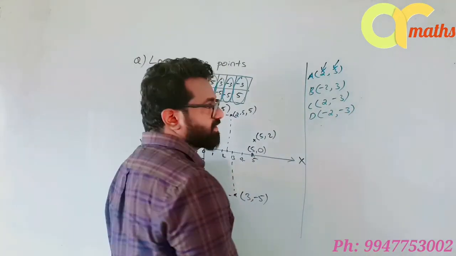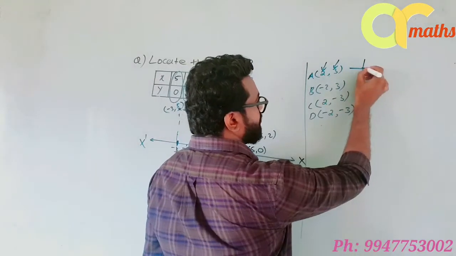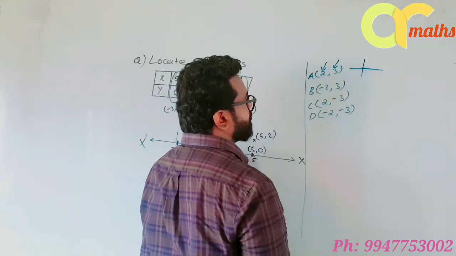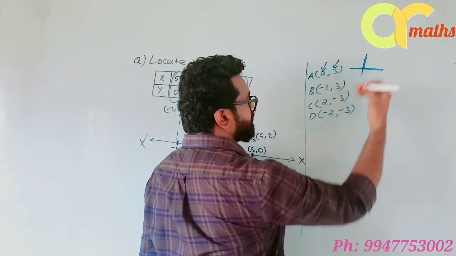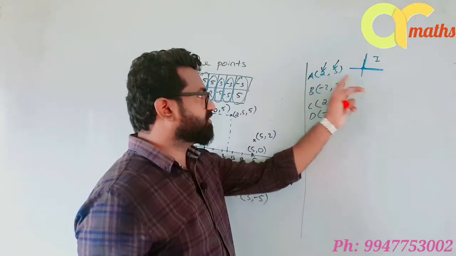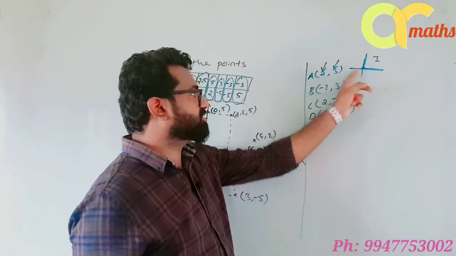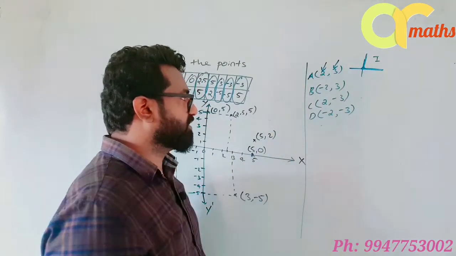Which quadrant? This is our Cartesian plane. X is positive and y is also positive, so this is the first quadrant. This question is not in your textbook. So A is first quadrant.